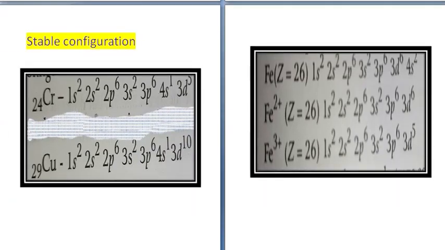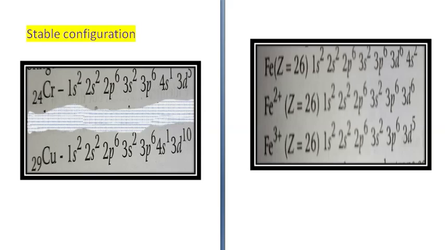Now next there is one more thing, that is stable configuration. Half filled and fully filled configurations are more stable than incompletely filled ones. For example, if you see the electronic configuration of chromium, chromium has atomic number 24.